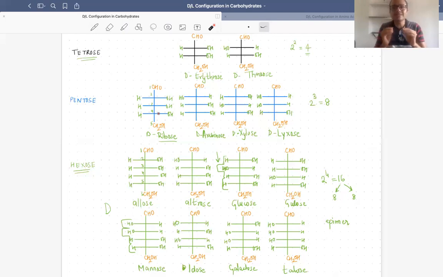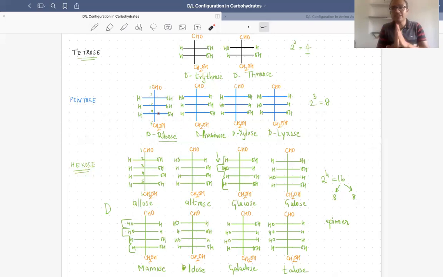We still keep D and L for the sugar molecules because we have used them quite a lot in the past, and we know that when we say glucose, all this configuration would be like this. When we say galactose, we know its configuration at each stereo center.